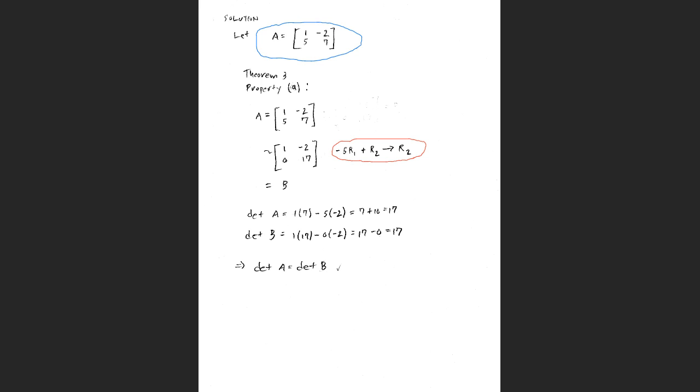I just picked that row operation, I guess because I wanted to get a 0 here, but it doesn't really matter.